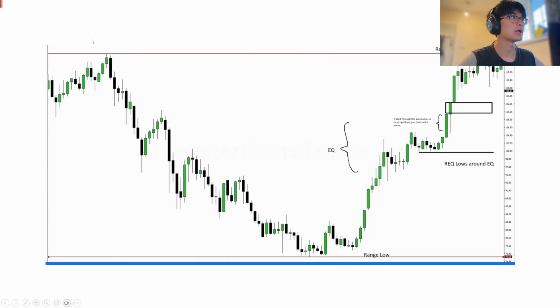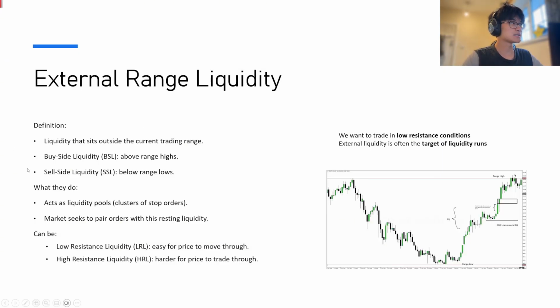And another reason why there are clusters of orders up here is because people will think that up here is resistance, so they'll short over here and put their stop losses, and again, institutions will use those orders to push price back down. That's basically what they do.